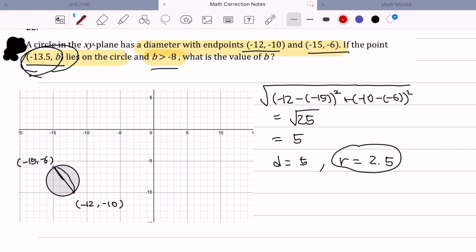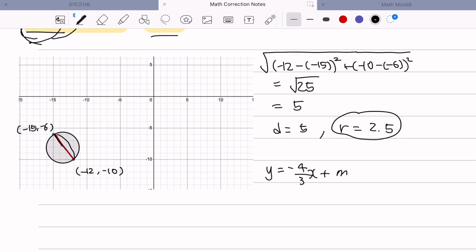Let's say there's a linear line between these two endpoints that has a slope of -4/3 plus m, right?